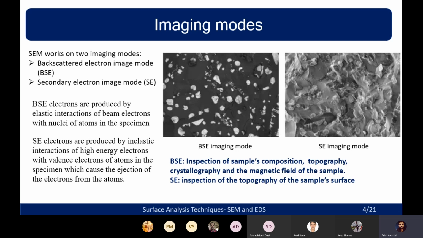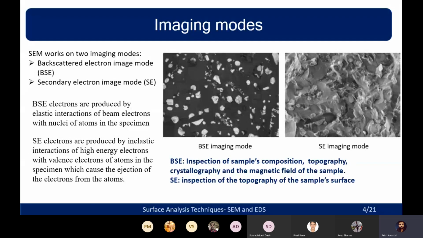After that, I came to know that for getting that oxide, we have to work in the BSE mode, the backscattered electron mode. In the oxide region, the color is completely different compared to the normal material. So then we were able to distinguish: okay, this is the thickness of the oxide layer, and this is my parent material. So that's the way.